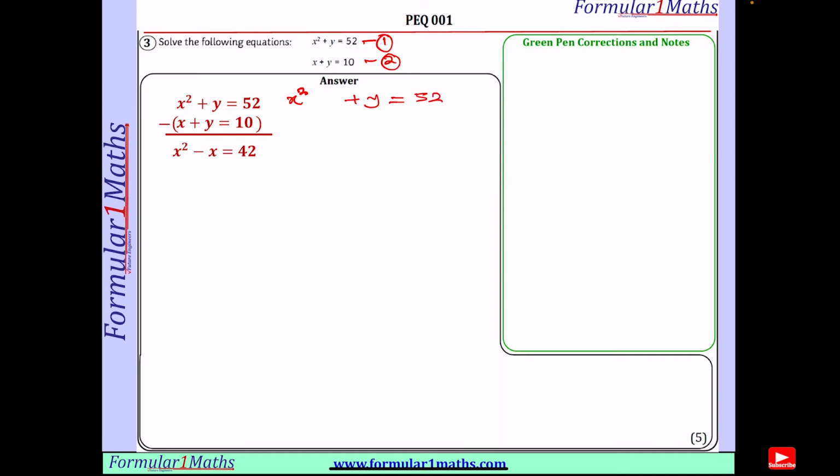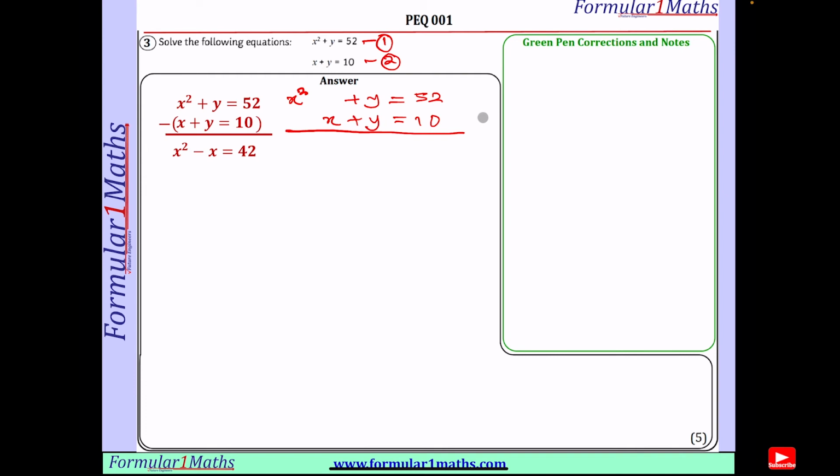Then rewriting the second equation, I'll leave a gap and write x here, plus y equals 10. Then before I do my subtraction, I'll show you how I got this quadratic equation.